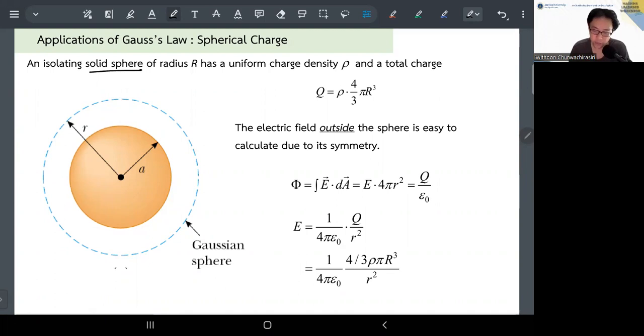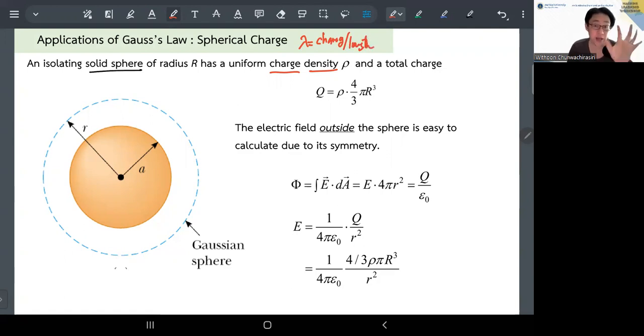Remember the density of charge we talked about back in the electric field calculation? At the time it was one-dimensional, so lambda was charge per length.